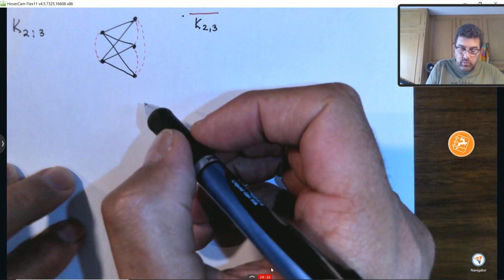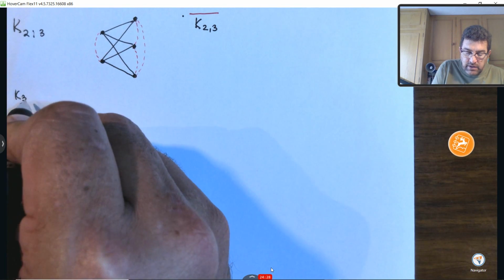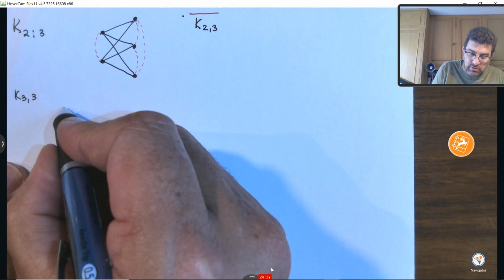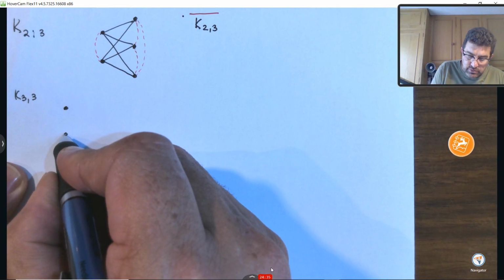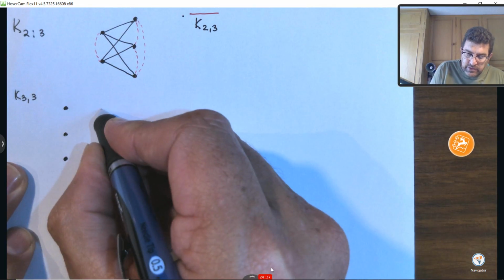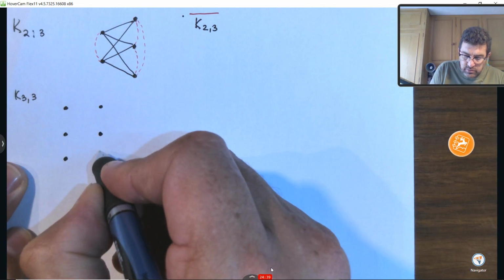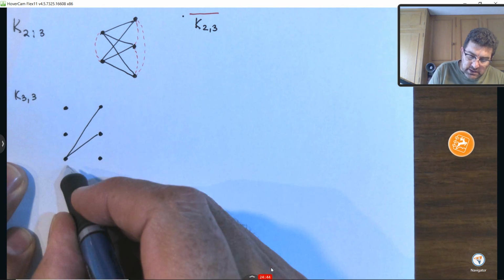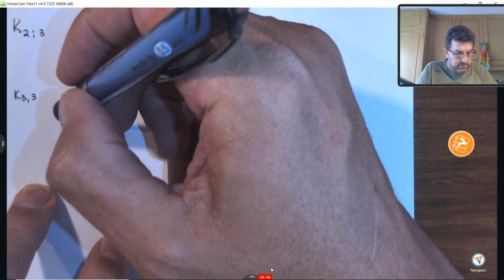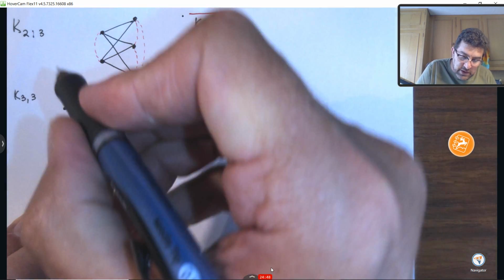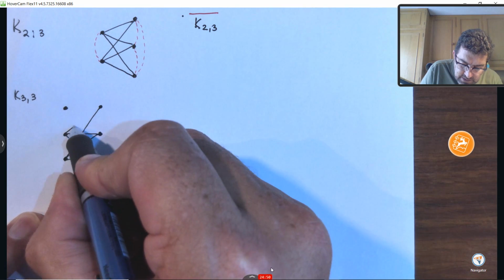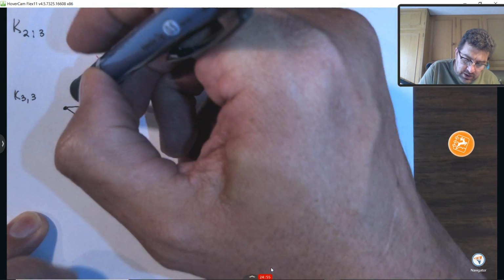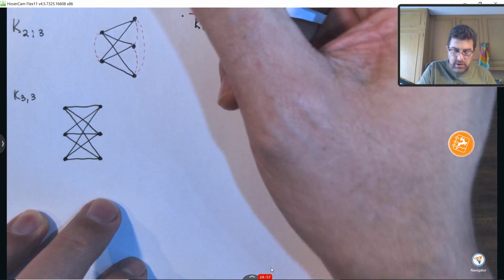Now let's go to the one that we've looked at before, the complete bipartite 3 by 3 graph. So we have 1, 2, 3, and we have 1, 2, and 3. Now the graph must be complete, so it means that the vertices must all join with the vertices in the other set. Okay, so we join that one, we join this one, and we join that one.